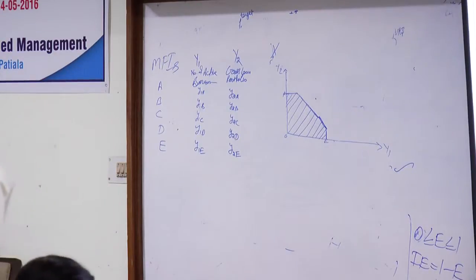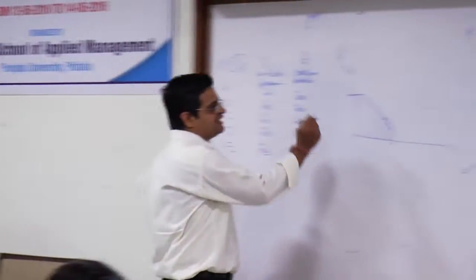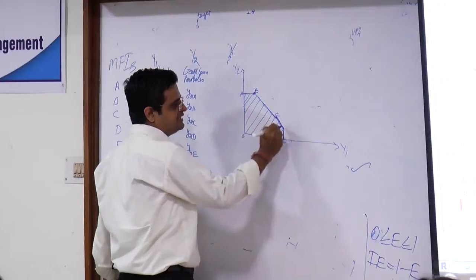This is the production possibility frontier. Okay? This is the nature of VRS. Substitution is possible. B, C, D, E.